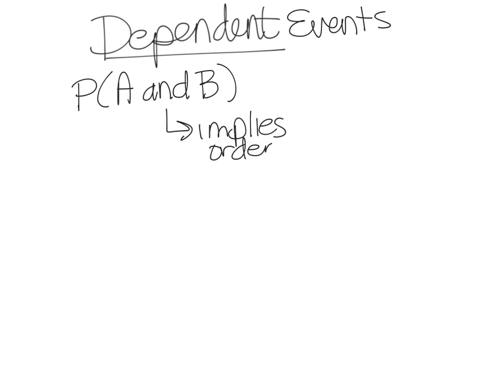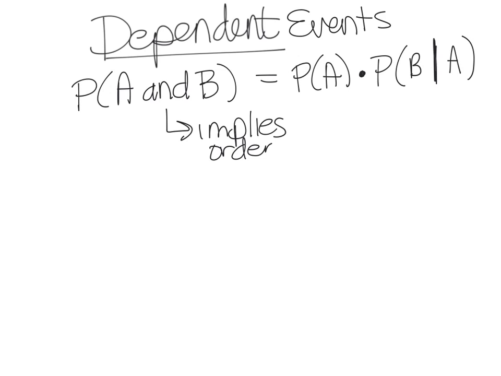Imagine getting 2 cards, you pick them up together, you don't know which one comes first. But if I just write A and B, I am implying that A happens first and B happens second. So anyways, we had this rule for A and B. You could do the probability of A times the probability of B, given that A has already happened. Okay, so there's the formula we're going to be working with.